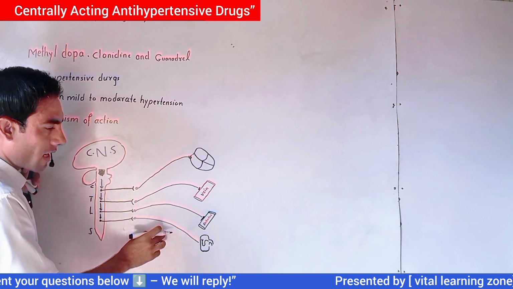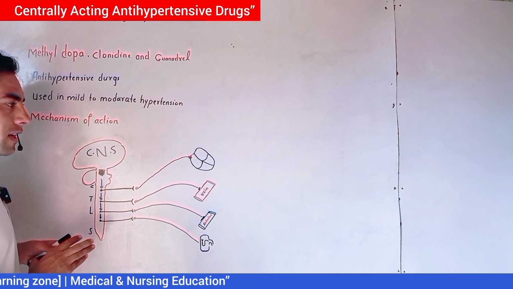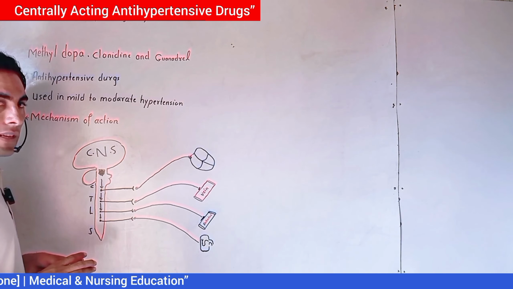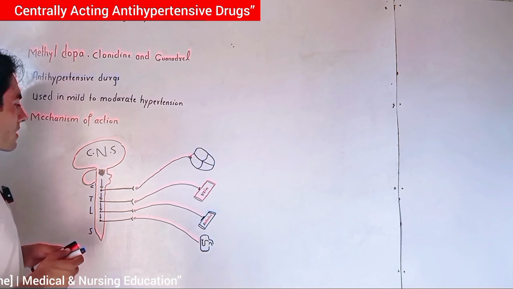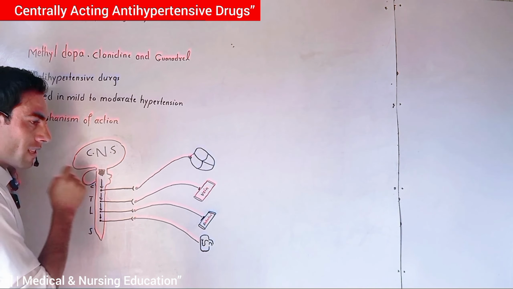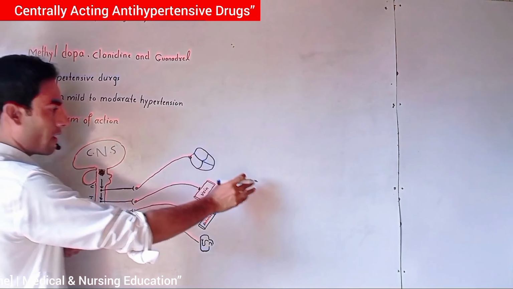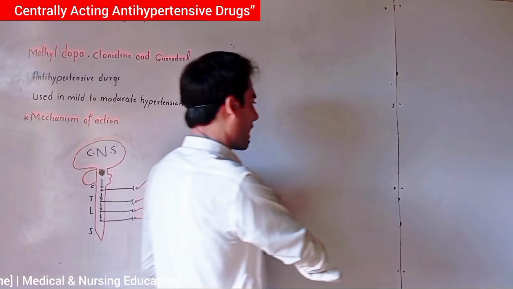So I will just show one pathway, enlarged, and I am trying to illustrate it diagrammatically for better understanding. So let's suppose there is a neuron in this area. I will bring this neuron here.